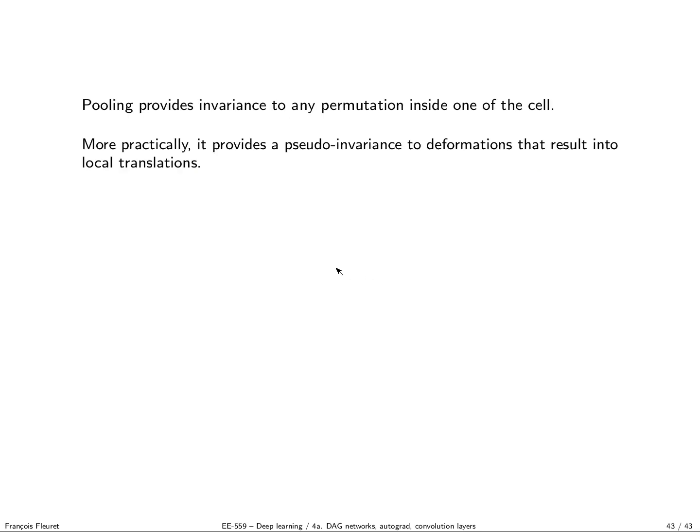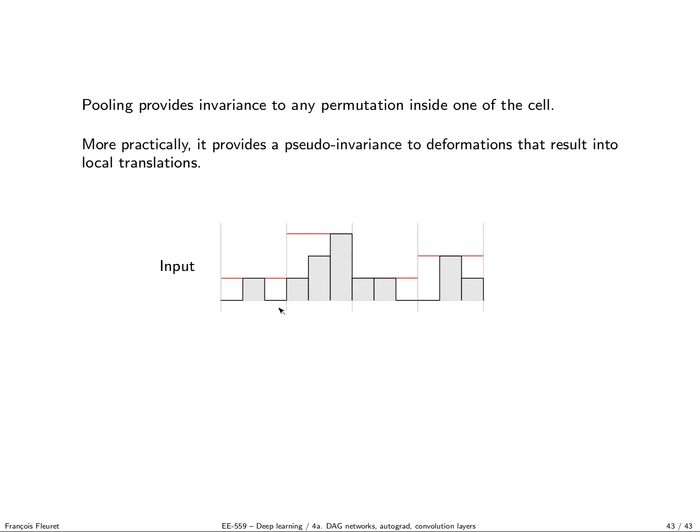Pooling provides invariance to any permutation inside one of the cells, of course, because the max is invariant by permutation. And in practice, it provides a pseudo-invariance to deformation that results from local translation. So for instance, if this is a 1D signal and I take the max pooling over blocks of size 3, if I do a little translation, I'm cheating a little bit here because I picked it carefully so that you never have a big value moving and changing a block.